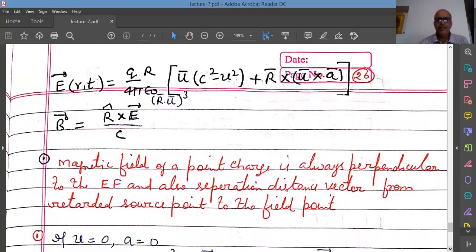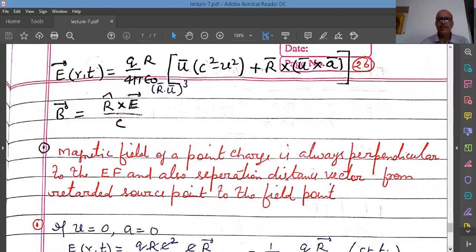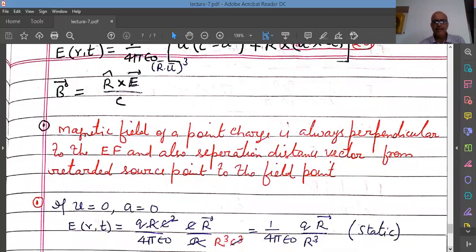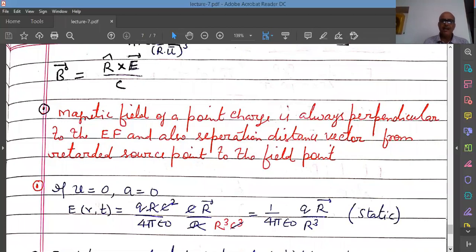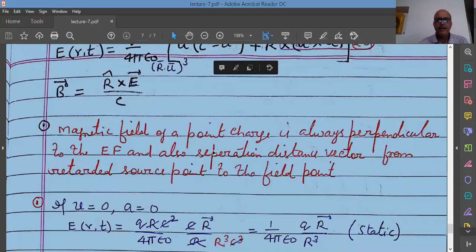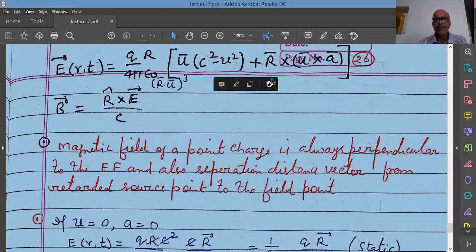The other important thing about this expression is, let us check whether the expression is applicable for the static condition, for electrostatics or not. So we put back the value of v equal to 0 and a equal to 0. That means we have a static case. If you look at the expression carefully, when v is equal to 0 and a is equal to 0, a equal to 0 directly makes the second term, r cross u cross a, equal to 0.